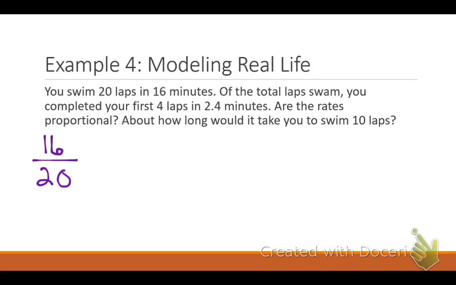I think I might have worded that wrong, because you want to know how many laps per minute. So that's why the time needs to be on the bottom. So 16 laps in 20 minutes, and then 2.4 laps in 4 minutes, and I need to find each rate. Go ahead and do that. How many laps per minute is what I'm looking for.